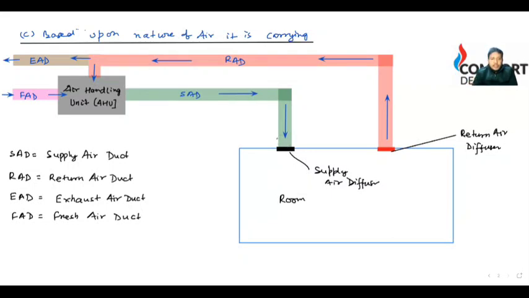Diffuser का काम क्या होगा? ये जो air इस supply air duct में आ रहा है, इस air को diffuse करके room के अंदर discharge कर देना. That is the work of this diffuser, because it can't be thrown directly. So diffuser is something that will spread that air inside the room.